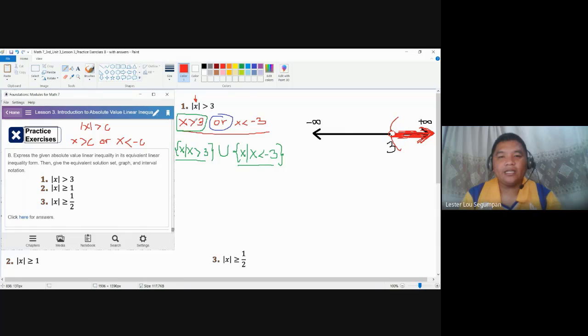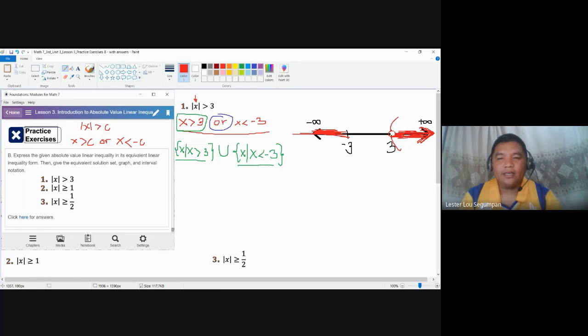Take note that the compound linear inequality is a combination of both. Same as with our solution set, the combination of both. We should also be reminded that our graph should be a combination of both. So let's graph here the second. It starts from negative 3, but it goes towards the left. Look at the symbol, less than. So it goes towards the left.